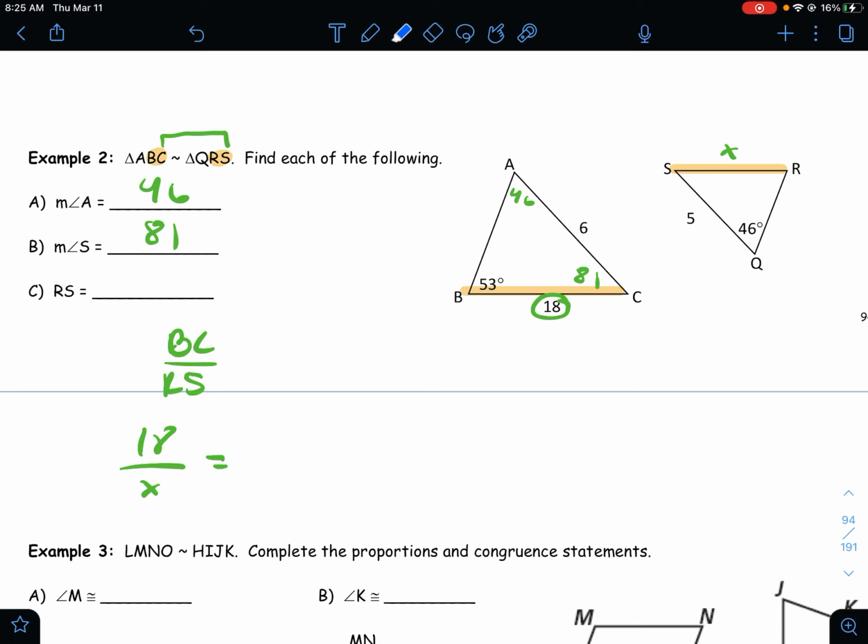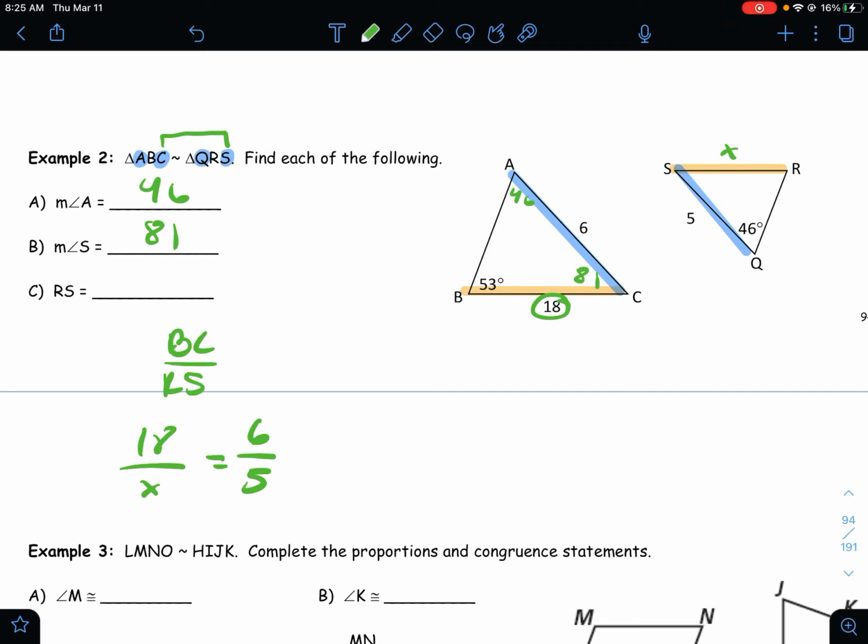If we look, we have information on AC, and we have information on SQ. Now you have to make sure that these are corresponding. AC are the first and last, and SQ is the first and last. So those are corresponding, which means we can use them together in a proportion. So we're going to say 6 over 5. We're going to do big over small.